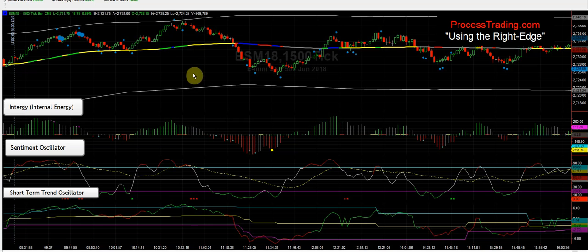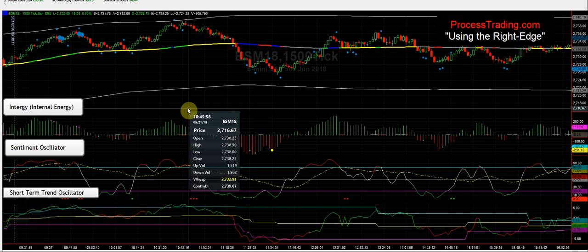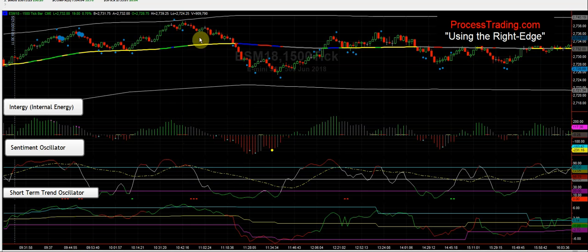Now, the way that you get into the contrarian trades is when it hits this line, you want to immediately get into it, or as soon as you see that it's appropriate to get into it, like at the first bar here of weakness, you could get in right at this doji.